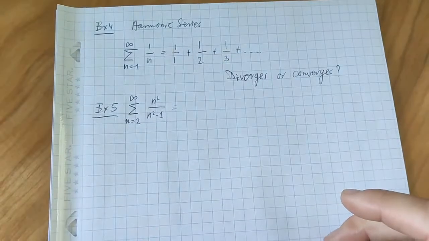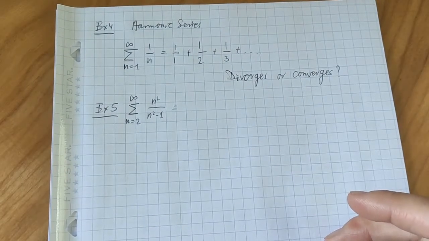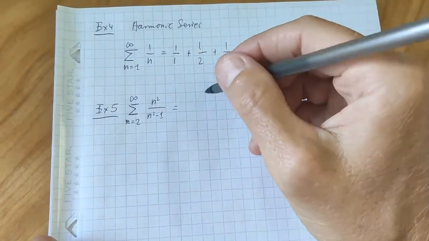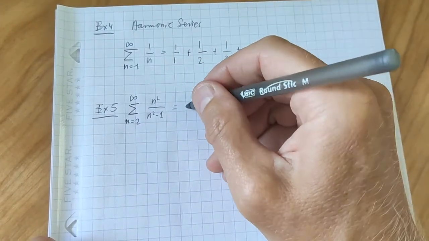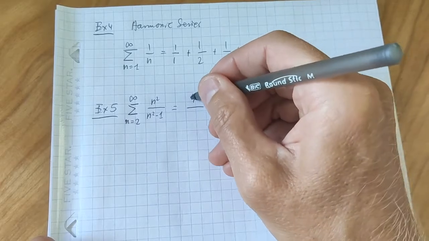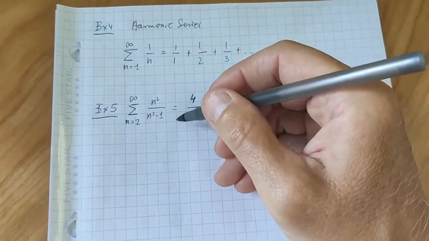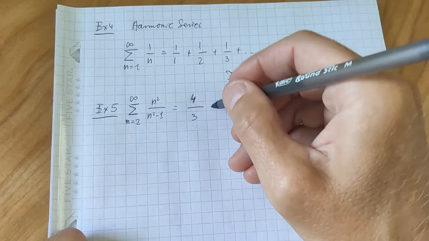So as usual, let's write a couple terms. So for n equals 2, I'll have 4 here, and on the bottom I have 4 minus 1, 3.